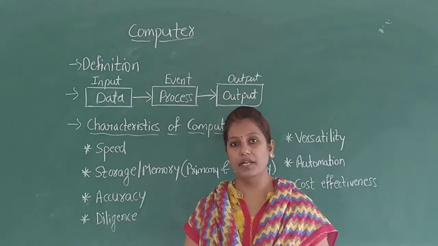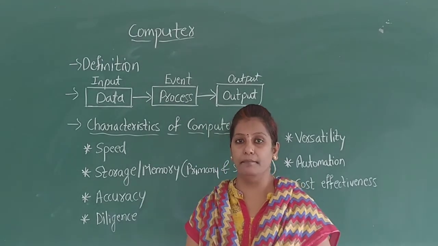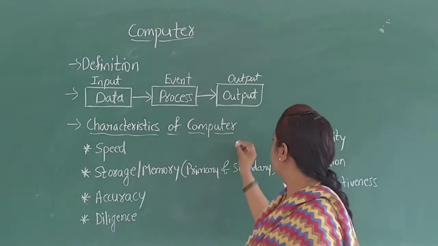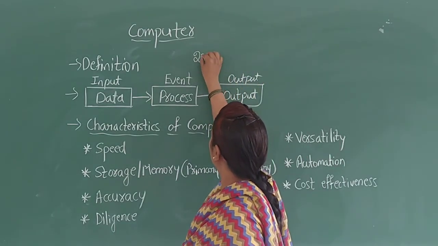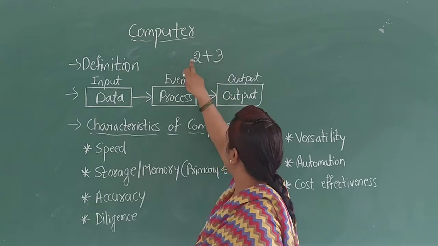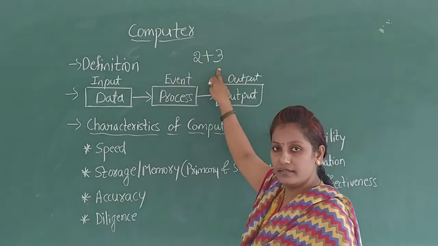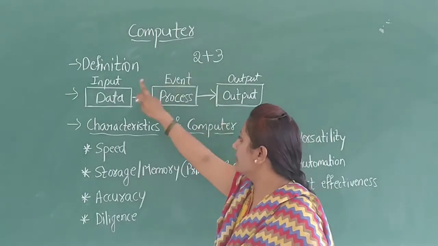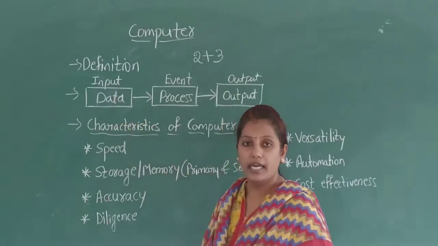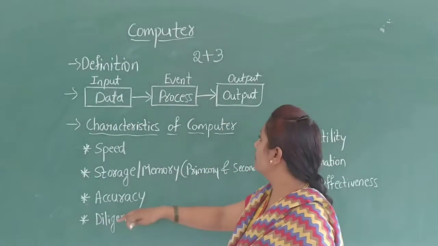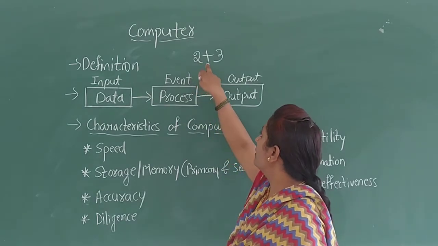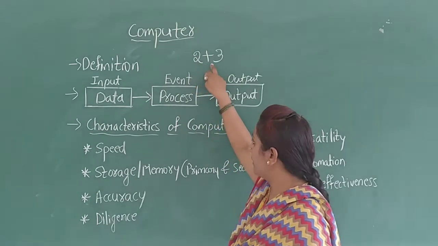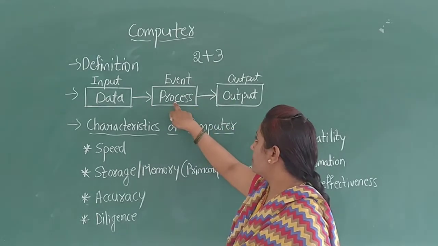One more example: if you are adding two numbers, 2 plus 3, the two numbers 2 and 3 are the input data values. What task is being done here? Addition, which is called processing.